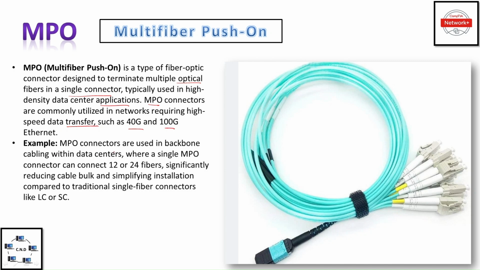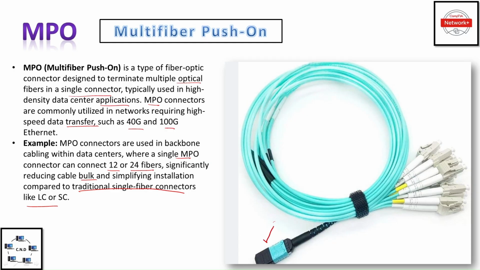For example, MPO connectors are used in backbone cabling within data centers, where a single MPO connector can connect 12 or 24 fibers, significantly reducing the cable bulk and simplifying installation compared to traditional single fiber connectors like LC or SC.